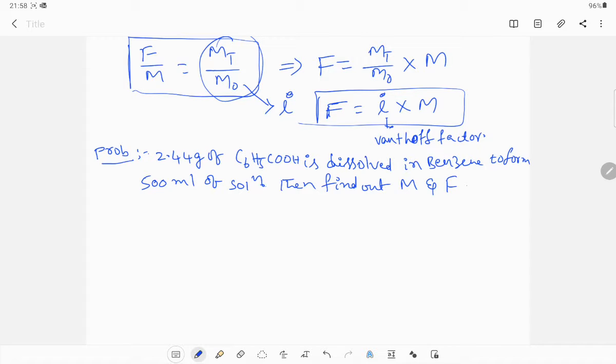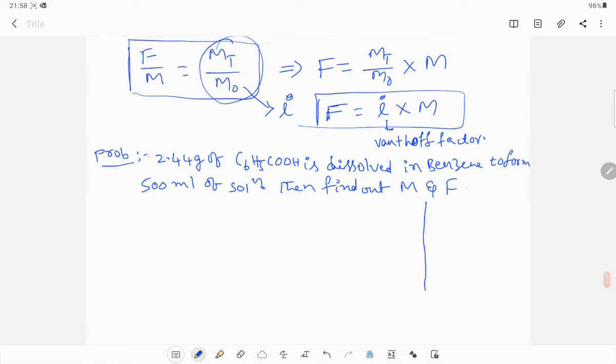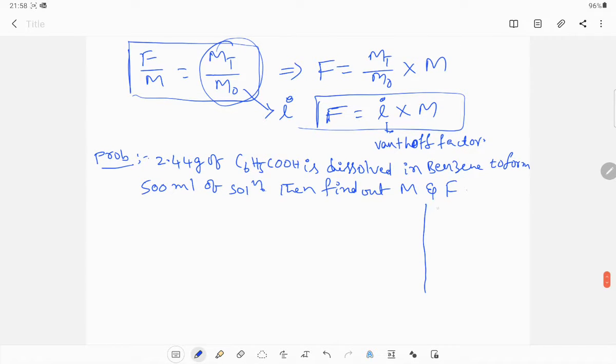So here write down what we know. Solute is what? Benzoic acid, C6H5COOH. Weight how much? 2.44 grams. Theoretical molecular weight how much? 122 gram per mole.